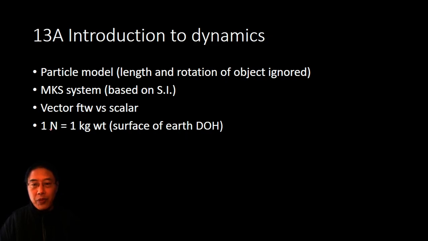And moving on to forces: 1 newton is equivalent to 1 kilogram weight, and 1 kilogram weight is the mass times the Earth's acceleration, which is 9.81, or sometimes 10, meters per second per second.